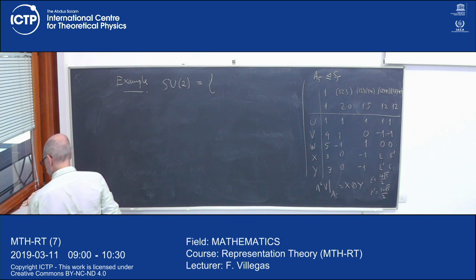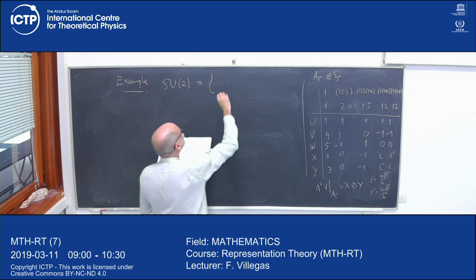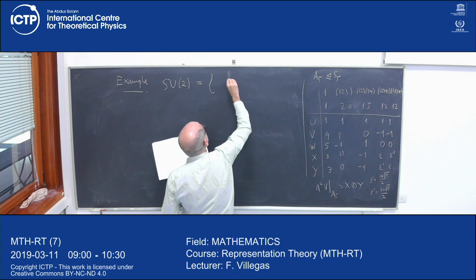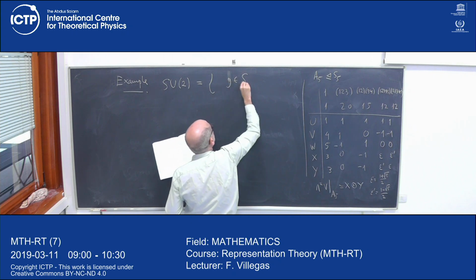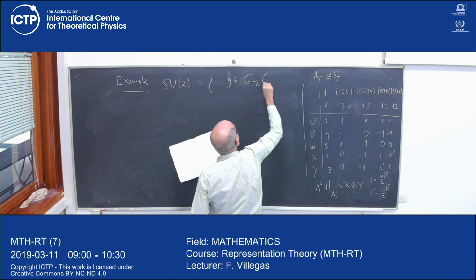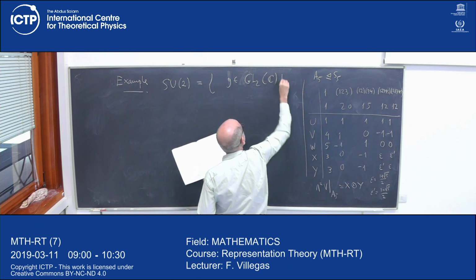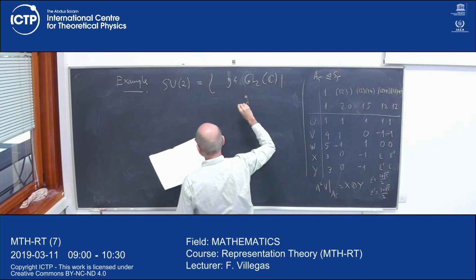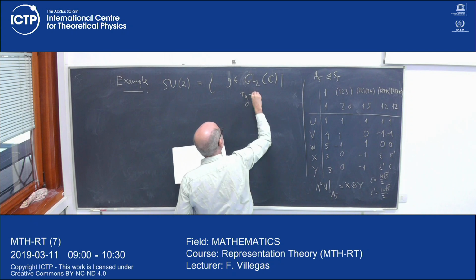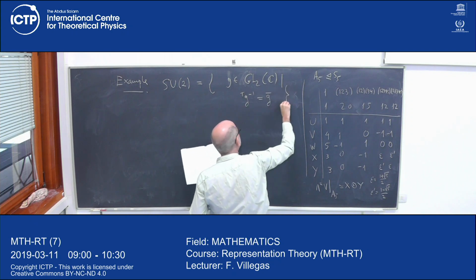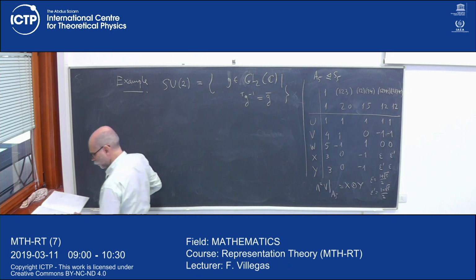Now, by taking choices, you can be specific and say this is matrices in SL or GL2 of C, so 2 by 2 invertible complex matrices that satisfy G transpose inverse is equal to G conjugate.